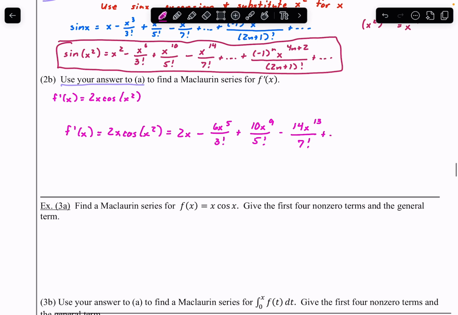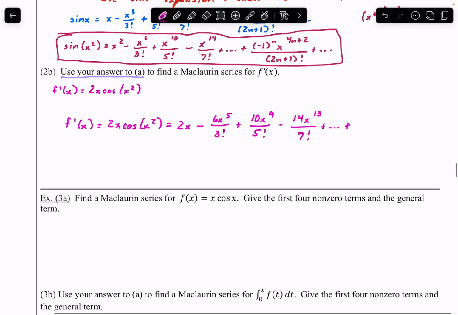And then, again, I'm taking the derivative of the general term. So drop this term down and subtract 1 from it. So negative 1 to the n takes care of the alternating part. Then you're going to have 4n plus 2. You're going to have x to the 4n plus 1 because you're subtracting 1.